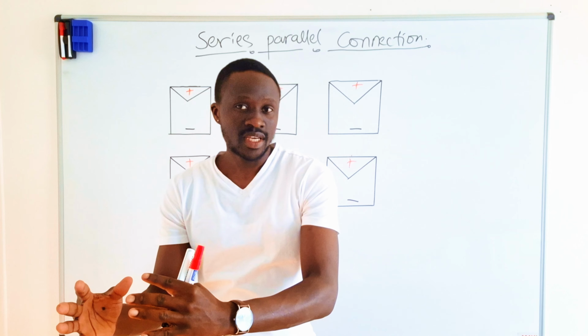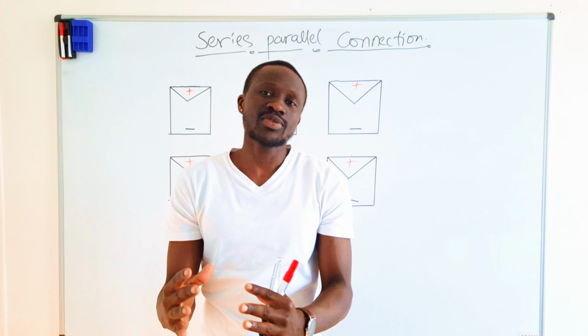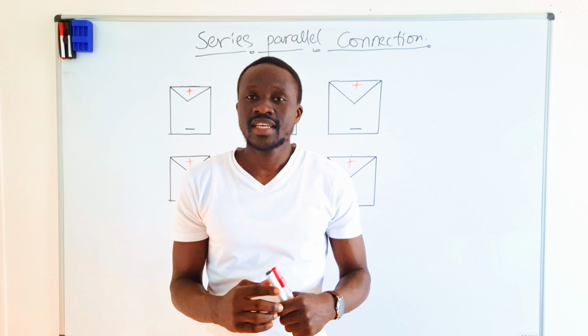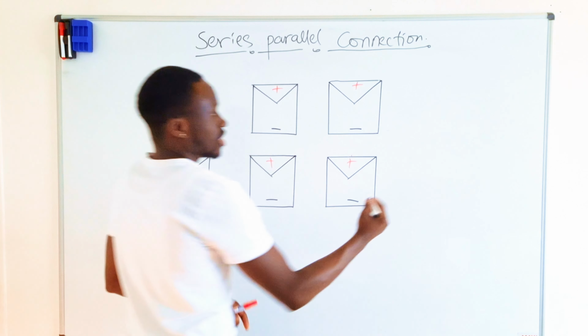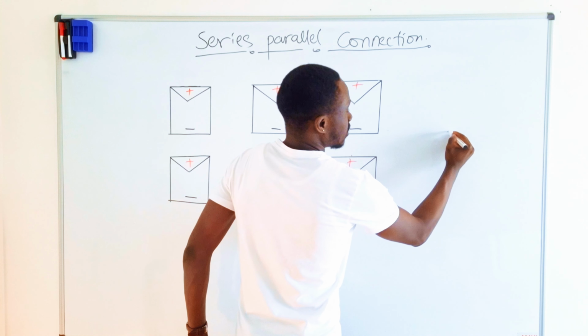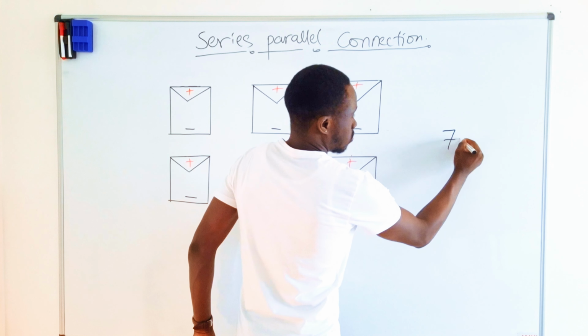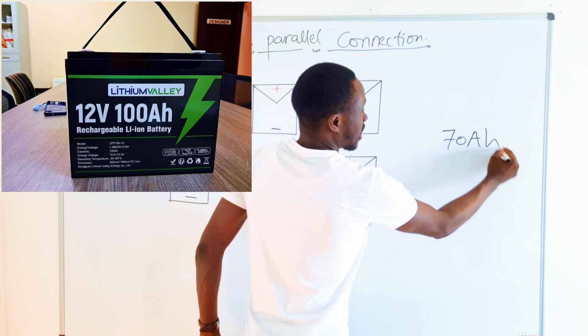Okay, do you know where we need current? Do you know the battery that it has? Let's say the battery has 70 Ah, A and H. Like this. Most batteries are measured in ampere hours. Let's try to say 70 Ah.